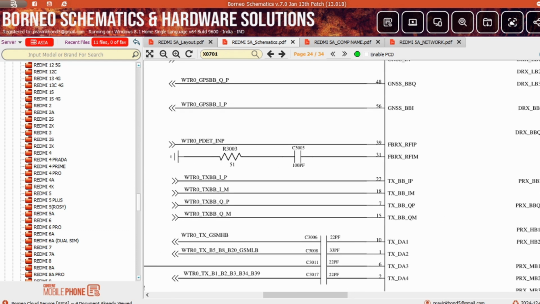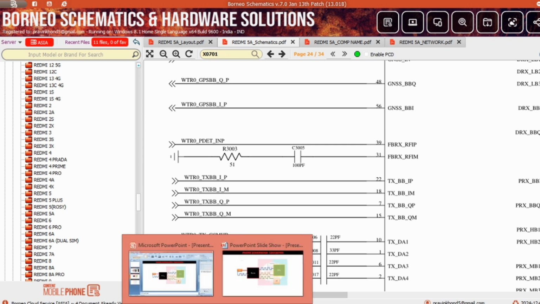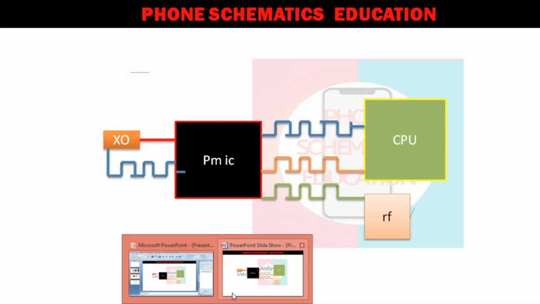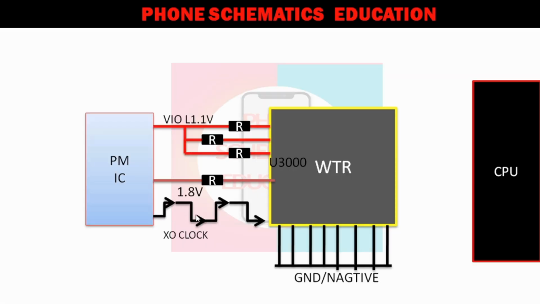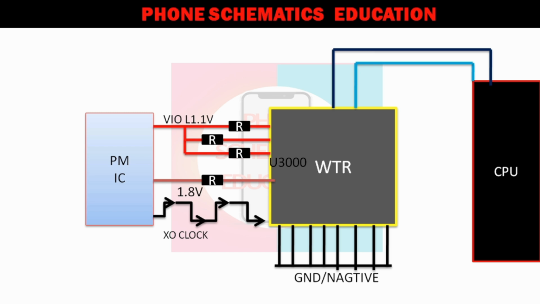Now I will show you these lines. First, I will draw the RFFE lines in a drawing. You can see these are clock signals. After the CPU produces the data and clock signals to control the WTR IC, these two signals.